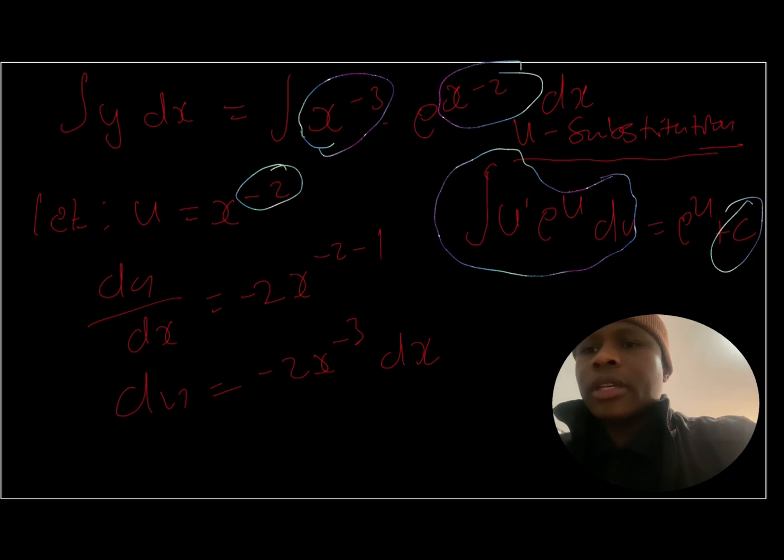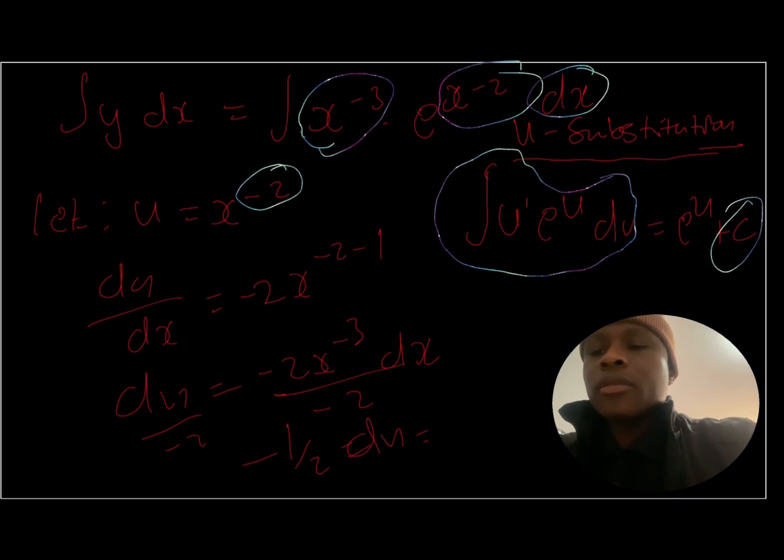Let me divide by -2 to be left with x cubed dx alone on the other side, so we can substitute x cubed dx by du. All right, let us divide by -2. Therefore, we'll have, I made a mistake there, sorry. We'll have negative half du is equal to x cubed dx.